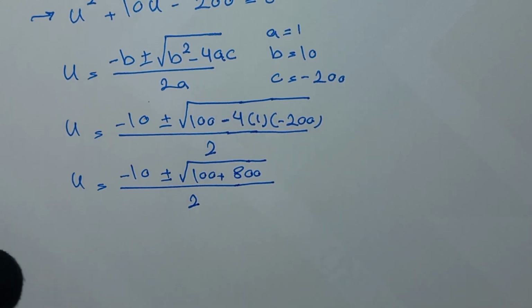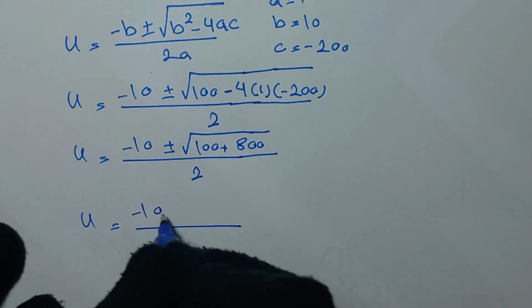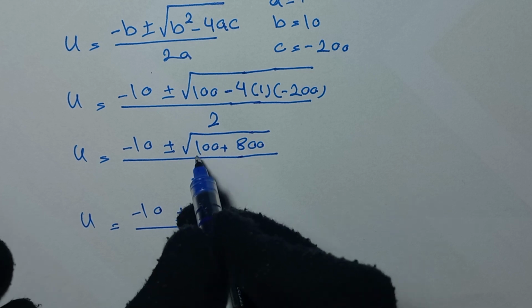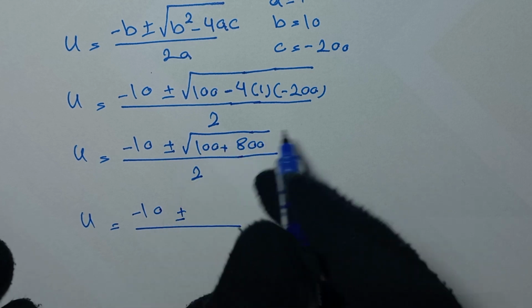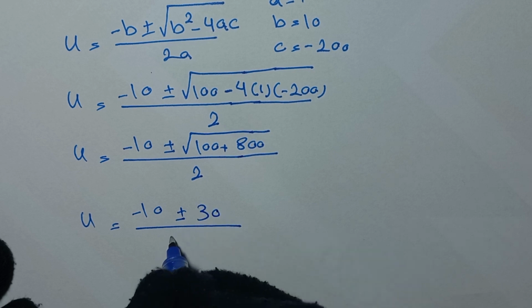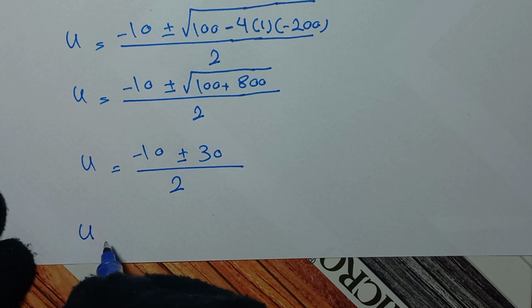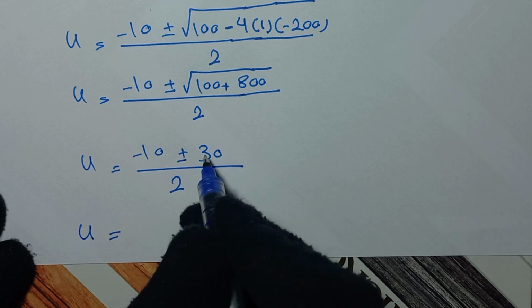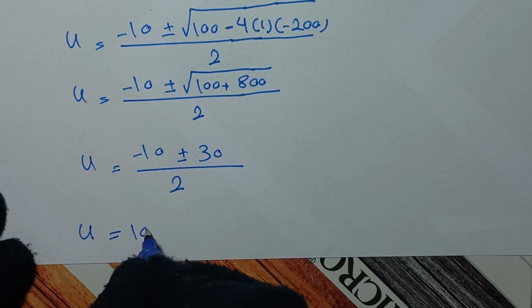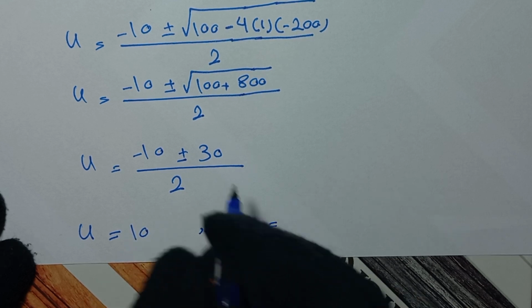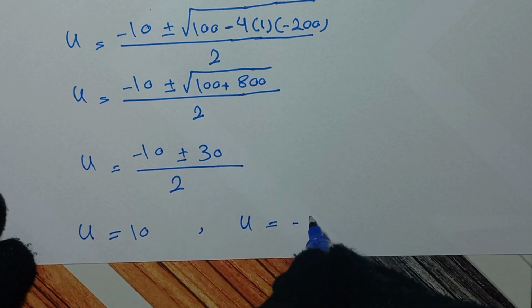So u is equal to negative 10 plus or minus the square root of 100 plus 800, which is 900, and the square root of 900 is 30, over 2. So we have two values for u. u is equal to negative 10 plus 30, which is positive 20, over 2, which is 10. And u is negative 10 minus 30, which is negative 40, over 2, which is negative 20.